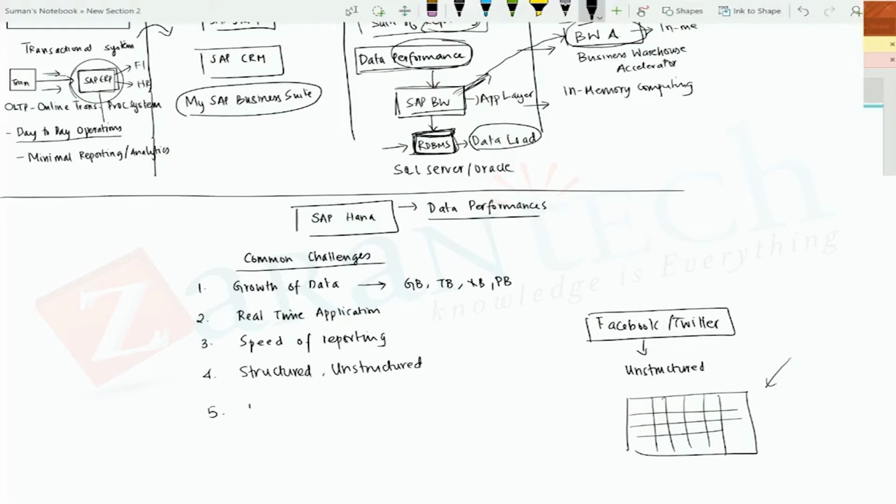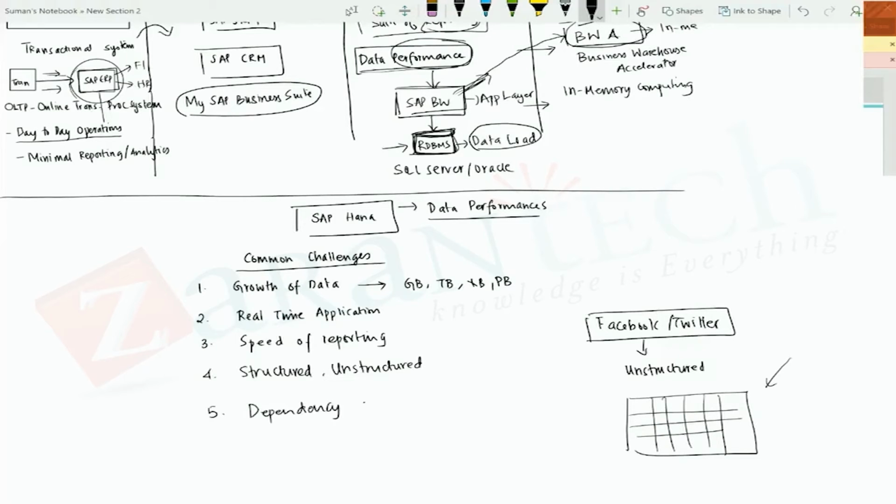The report has to be developed by IT. So the dependency on IT is another big challenge, because if the IT team is also working on 3 other projects, they have to prioritize what is important and how soon they can deliver this report. So the dependency on the IT team is also becoming a big challenge for organizations.